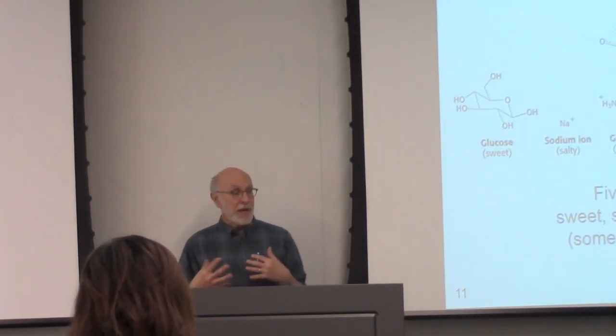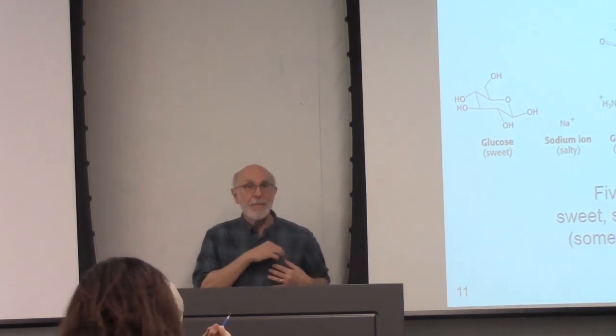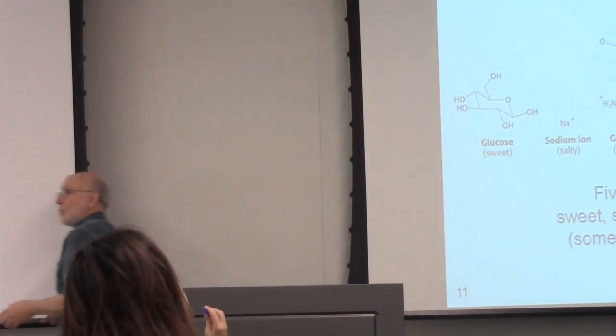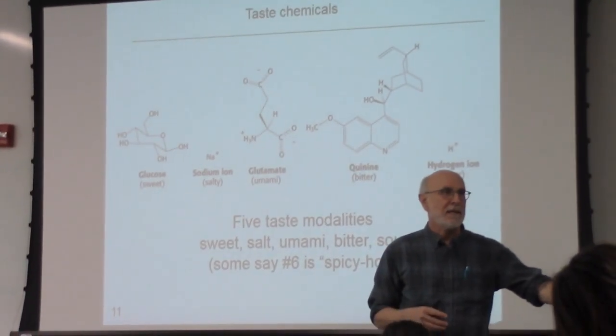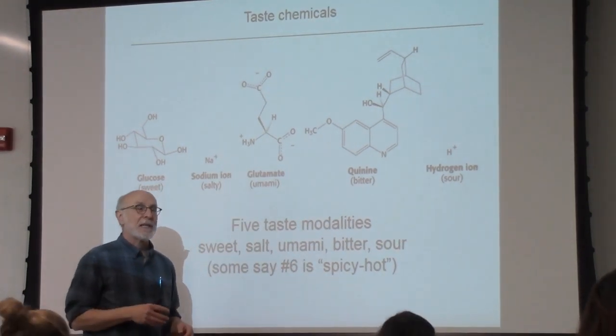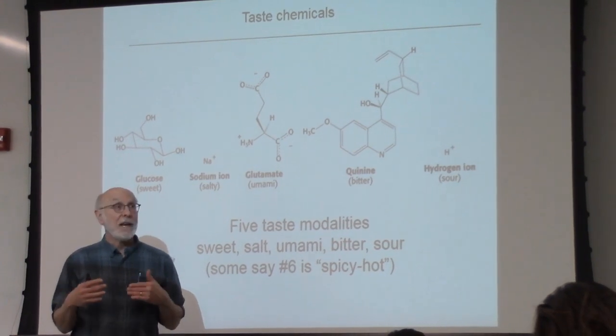Okay, we're going to transition now to taste, our other way of detecting chemicals, using our taste buds. Unlike odorants, where there's something like 10,000 different modalities, there are a limited number of taste modalities. We mix them, and we use odor for flavor.